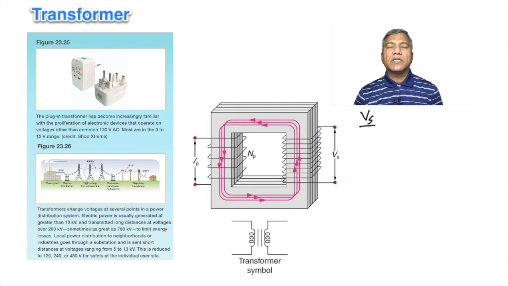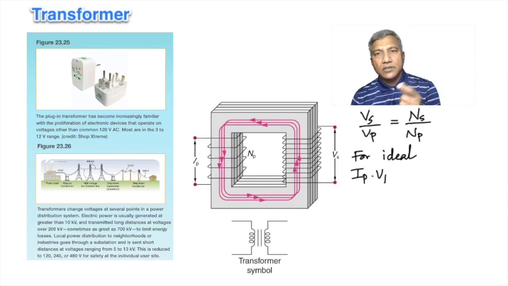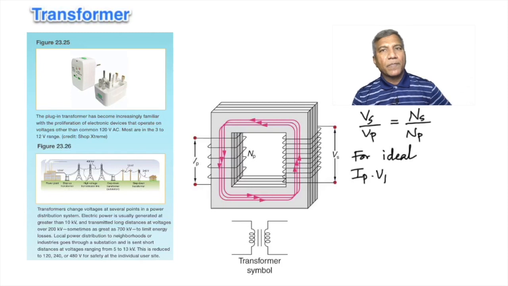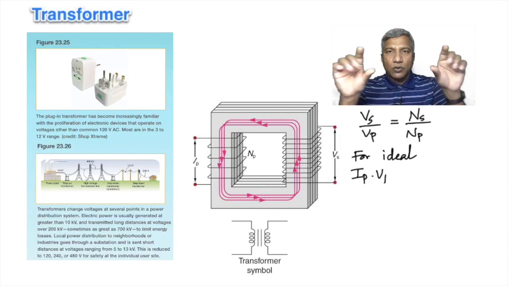So the important equation in a transformer is that the ratio of the secondary voltage to the primary voltage is equal to the ratio of the number of turns in the secondary to the number of turns in the primary. I've not even described what a transformer is, but you can see it's basically an iron core.